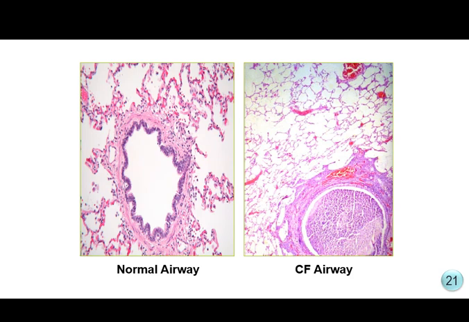H&E are two different dyes. One of the dyes, H, will stain blue or purplish. That means it binds to nucleic acid, where your DNA is located, so you get purplish or bluish.